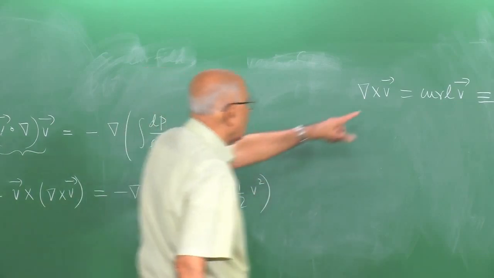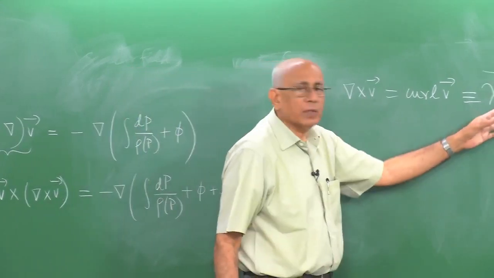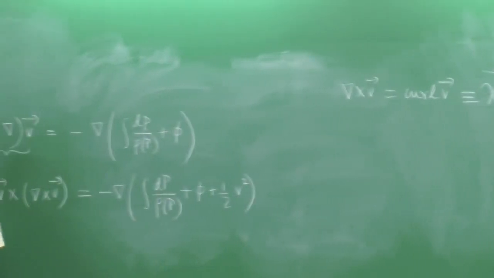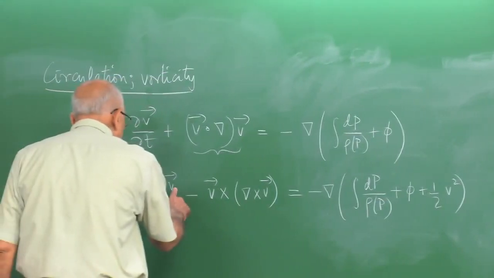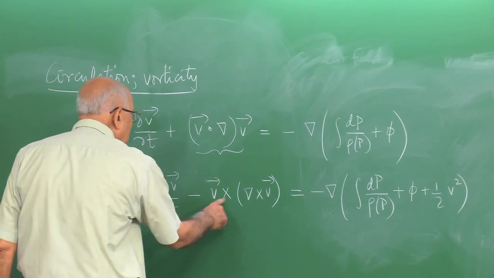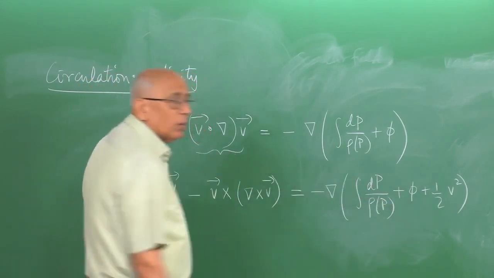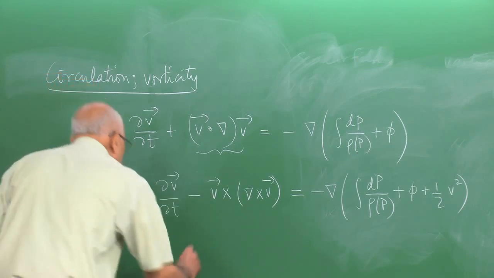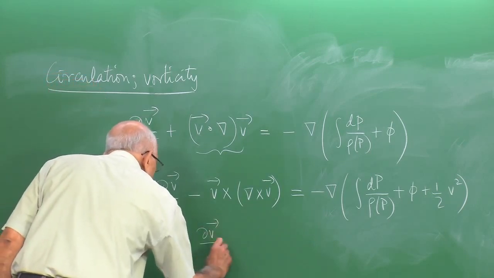If v is a function of r and t, so is this a function of r and t in general. And in terms of this vorticity vector, this thing becomes ∂v/∂t minus v cross chi equal to this quantity on the right hand side. That is the general equation of motion for a fluid element. So, let us write that down also.